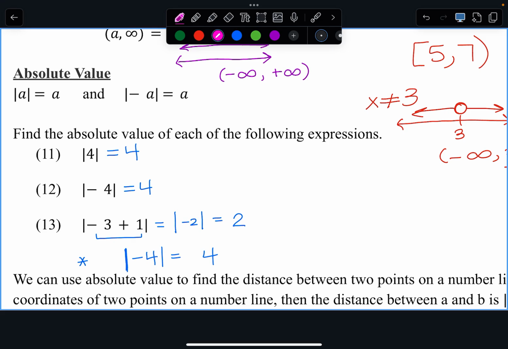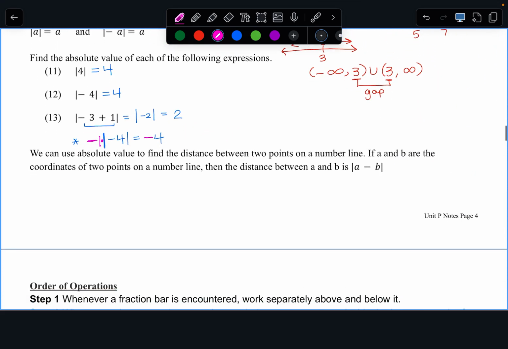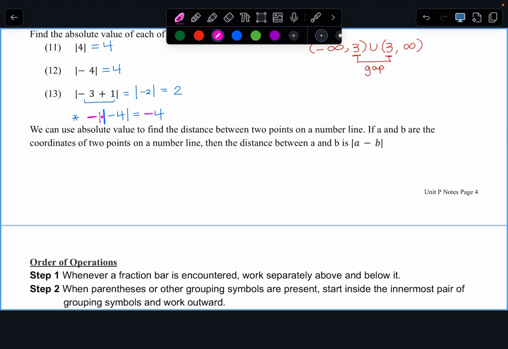But because this is outside of parentheses, that still has to stay there. Make sense? So anything outside of parentheses, it's like another step where it's like negative 1 times the answer of that stuff. Okay, because you might get something like that on Delta Math. All right. Still okay? Yep. All right. Yeah, basically absolute values just show distance between things on a number line.